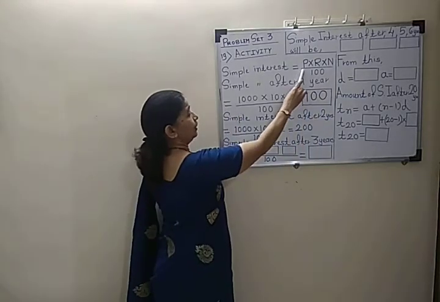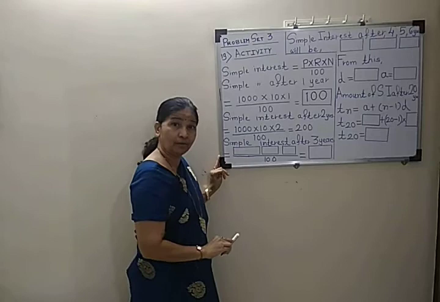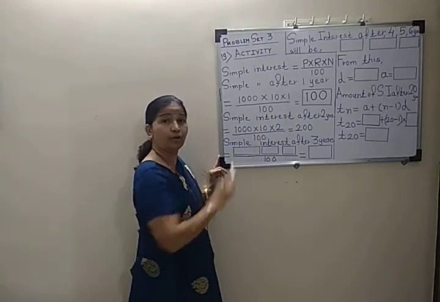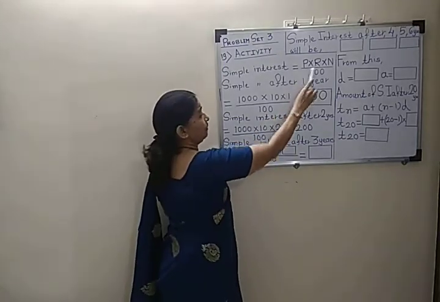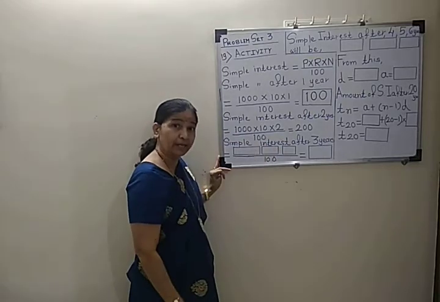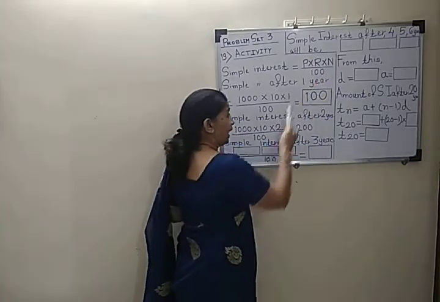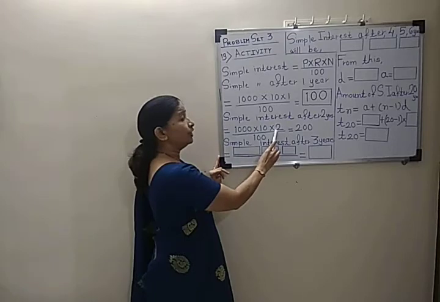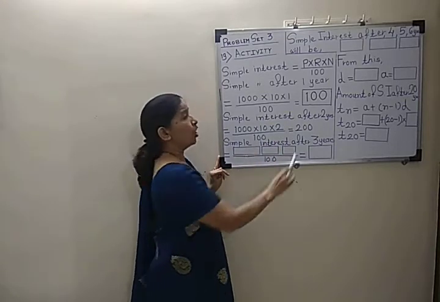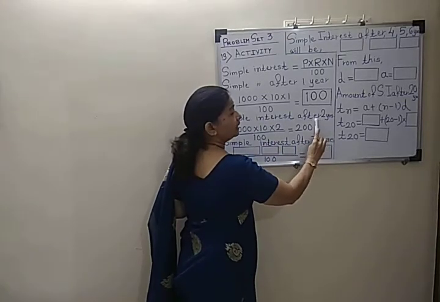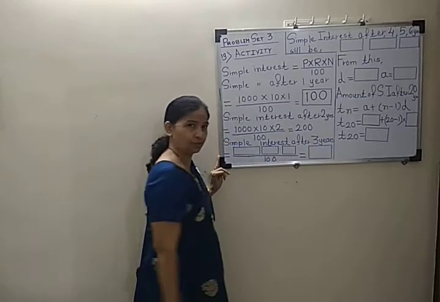So in place of P I wrote 1000 again. Principal is 1000 rupees. In place of R I wrote 10, but in place of N I substituted 2 because they are saying N is equal to 2 years.